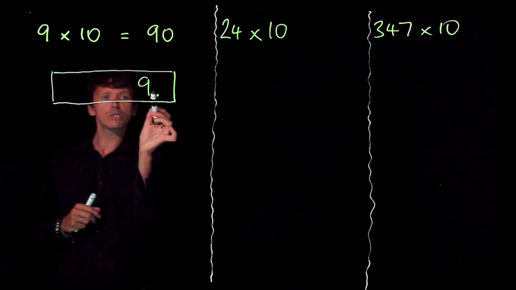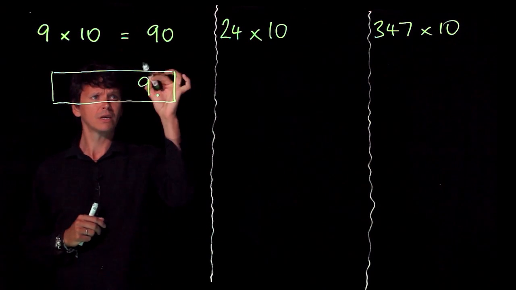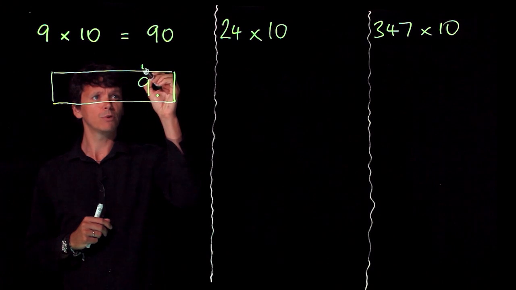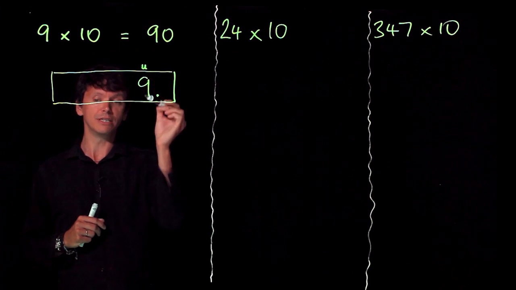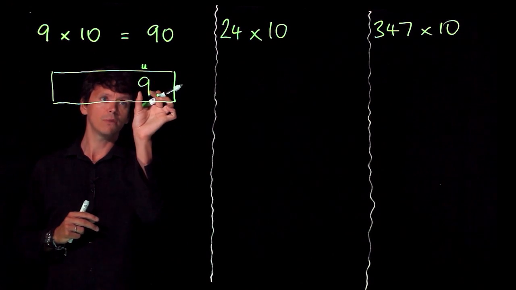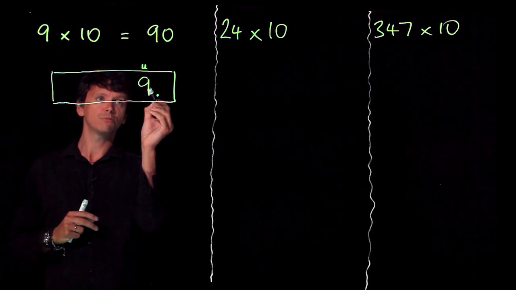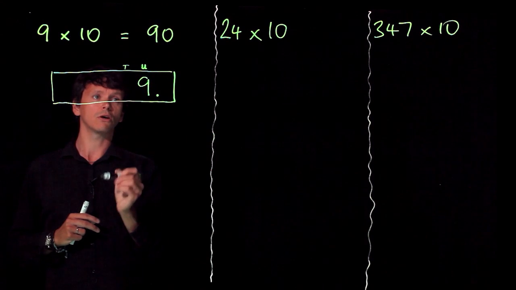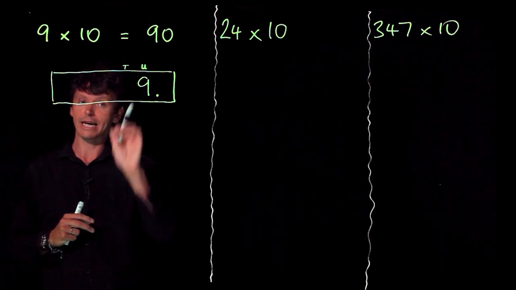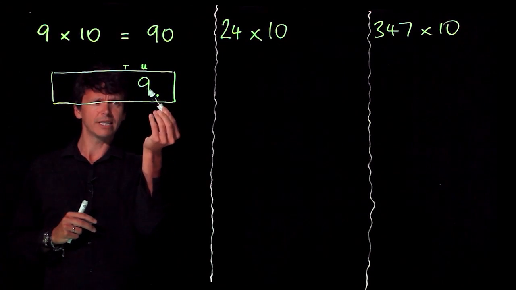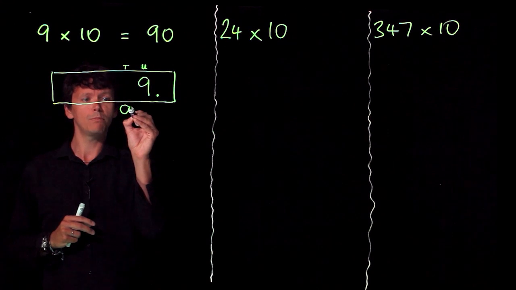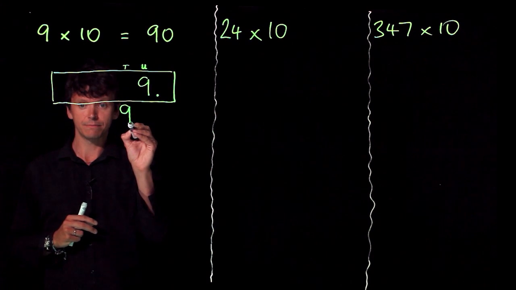So if we multiply this number by 10, what happens is this number, which at the moment is in our units column, 9 multiplied by 10, those units are going to move into the tens column, because for every unit, we're going to get a 10. Effectively then, that 9 moves one place to the left.